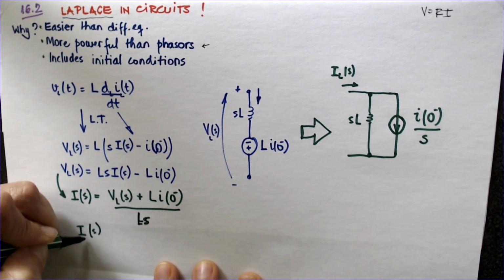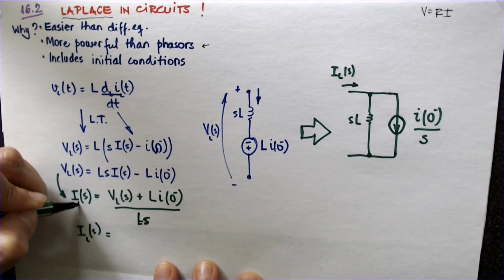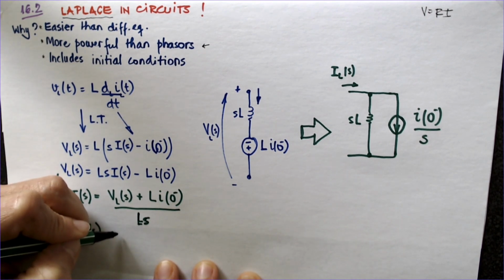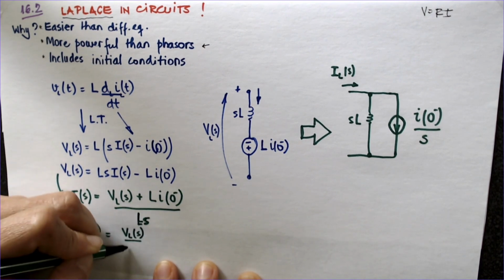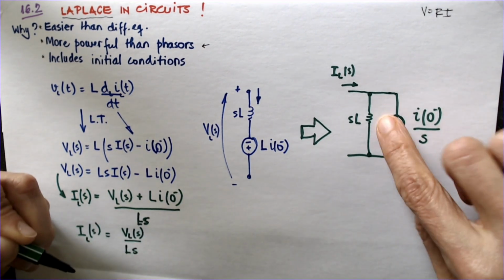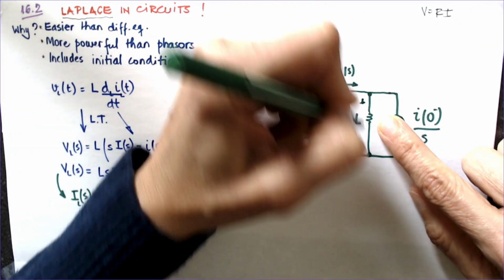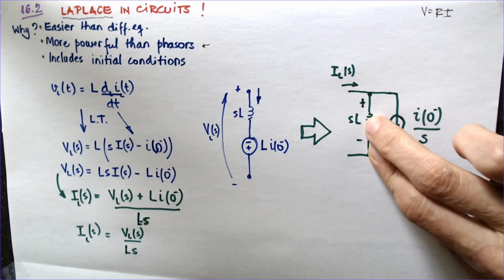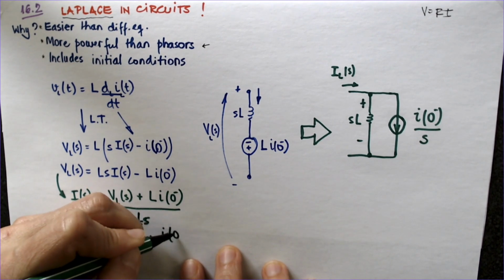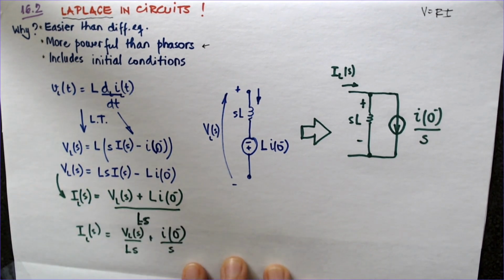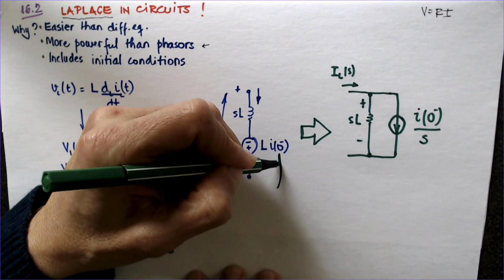And you're going to see that this is exactly what the drawing of the source transform is. So IL of S is that VL of S divided by LS, which is the impedance of the inductor, plus I of 0 divided by S, because the L's cut.